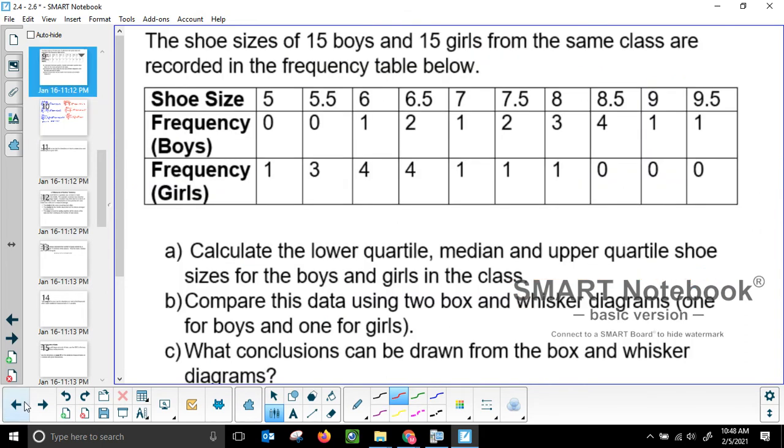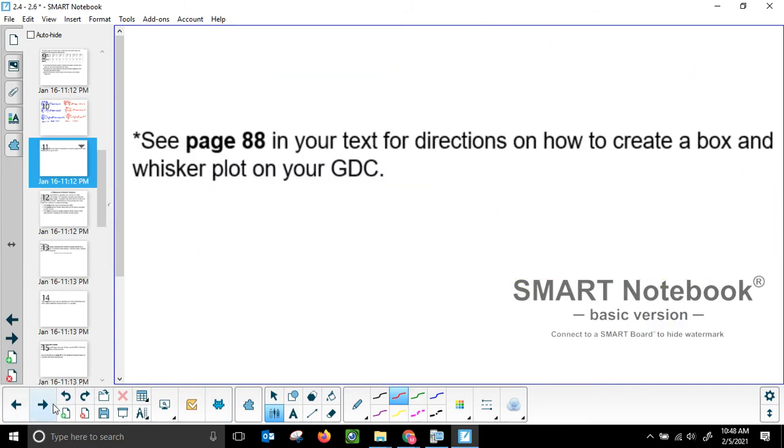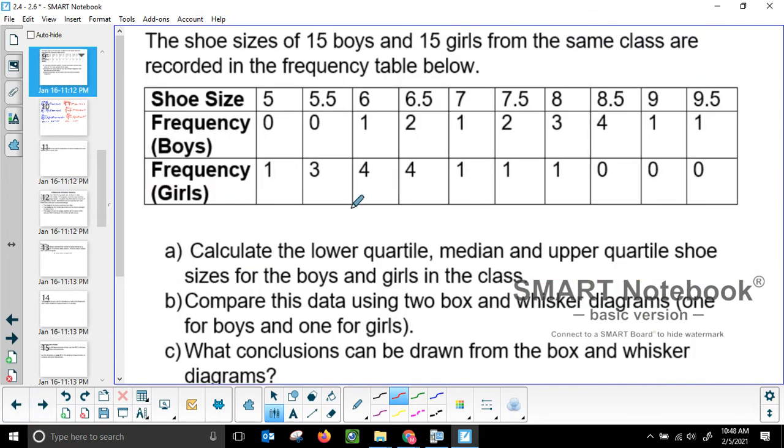Which for girls, we have 1, 4, 8, 12, so 6.5. Now we also want to know our min and our max. For girls, our minimum is 5, our maximum is 8.